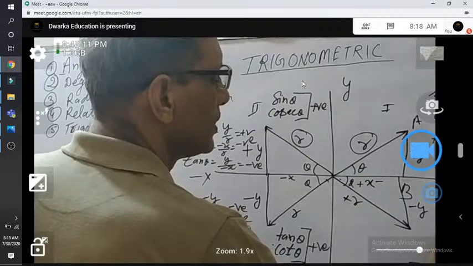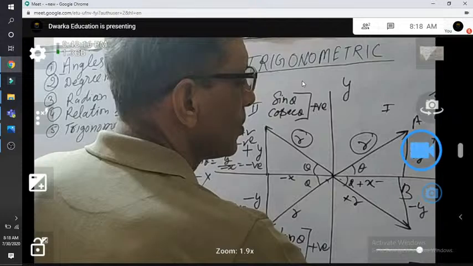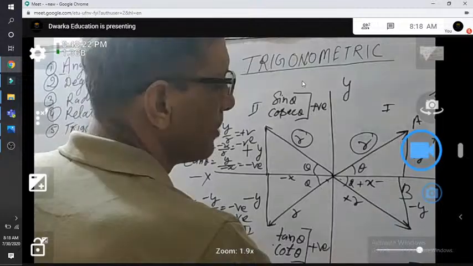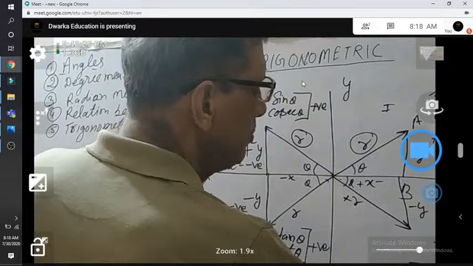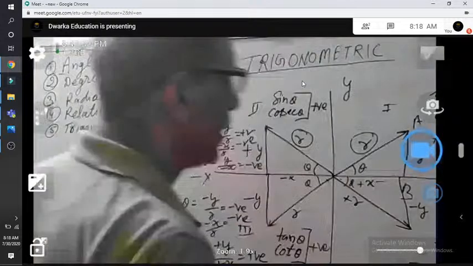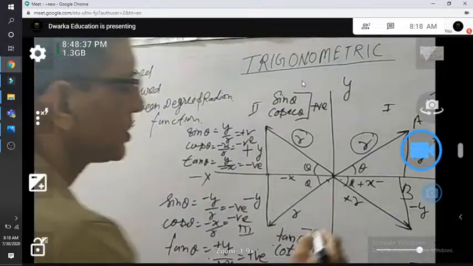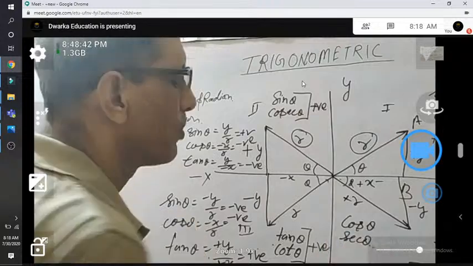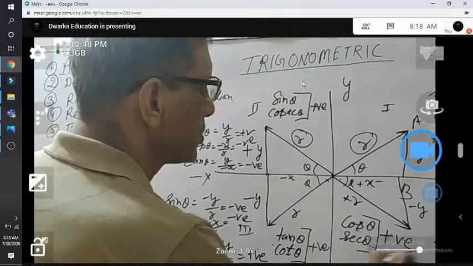Cos theta is equal to x over r, which is positive, because x is positive and r is also positive. And tangent theta is equal to minus y over x, which is negative. In the fourth quadrant, remember always that cos theta and secant theta are positive and the other trigonometrical ratios will be negative.